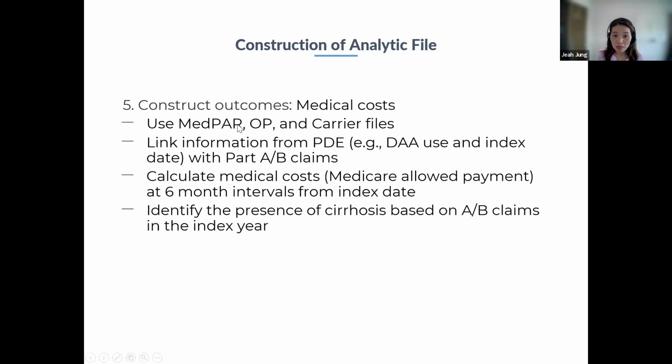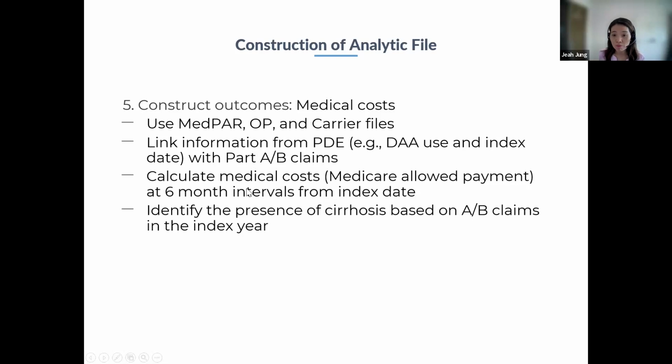So we use MedPAR and outpatient and carrier files, Part A and B data, and then you use information from Part D, the DAA index date, and apply it to these A and B claims, and then calculate the medical cost based on the Medicare allowed payment in these three files, every 6 months, starting from the index date.